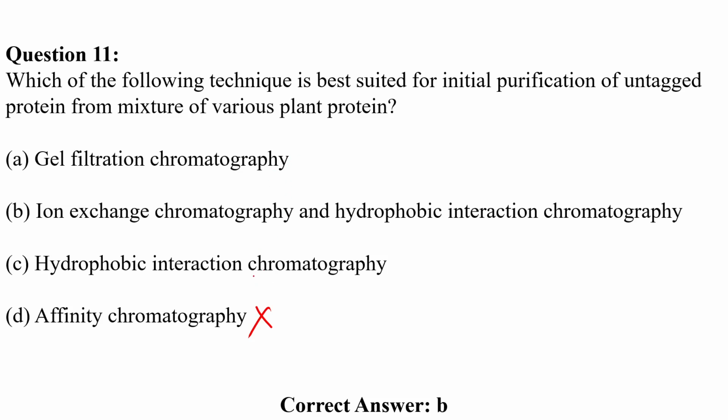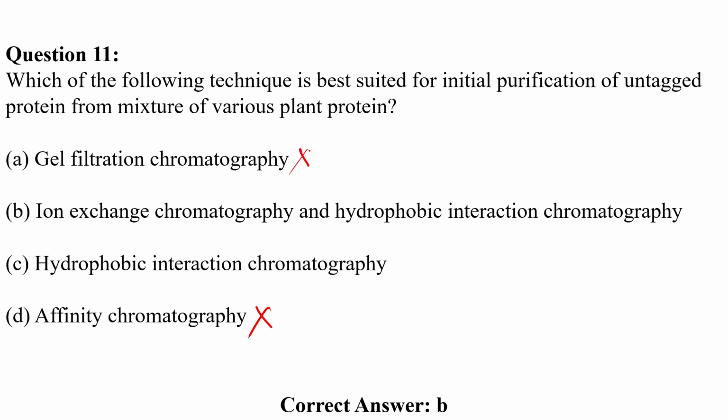Now, these three techniques are there. If I have a mixture of different plant proteins, there is a chance that my protein of interest and the other proteins present, two or more of them, have the same size. So starting with gel filtration chromatography is not a good idea, because there will be a large number of proteins, and if you load so many proteins on gel filtration, first of all you will not be able to find out which protein is yours, and second you will not get a good resolution between different proteins.